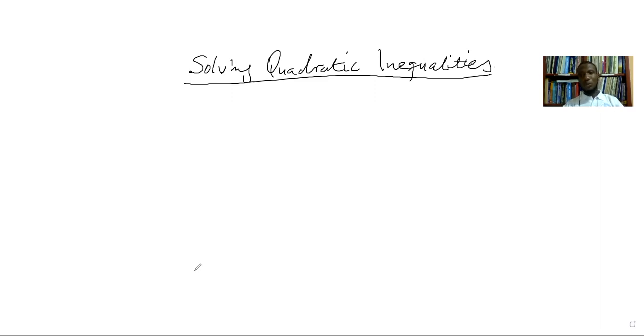So let's go. How do we solve quadratic inequalities by sketching? There are three quick tips we have to note when we want to solve quadratic inequalities by sketching. The first one is that we find the roots of the quadratic function.